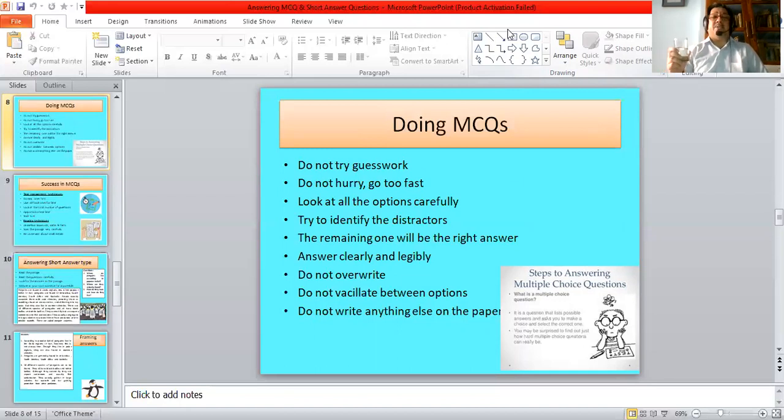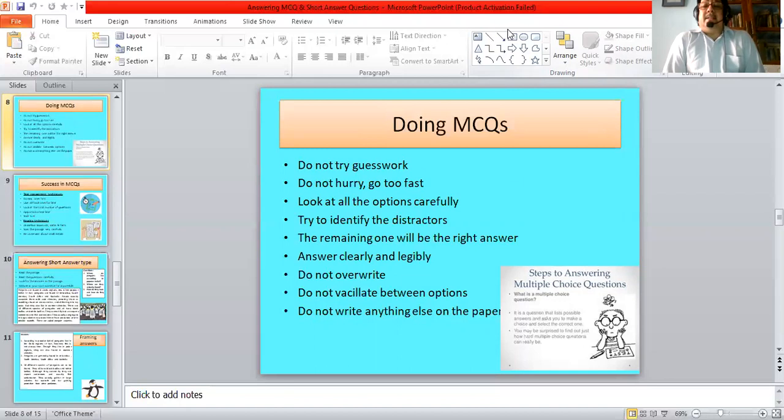So identify the distractors first and eliminate them from consideration at the very first chance. Once you have eliminated the distractors, the remaining ones are likely to be the right answers to the question. So eliminate the distractors first and then focus on the correct answer.